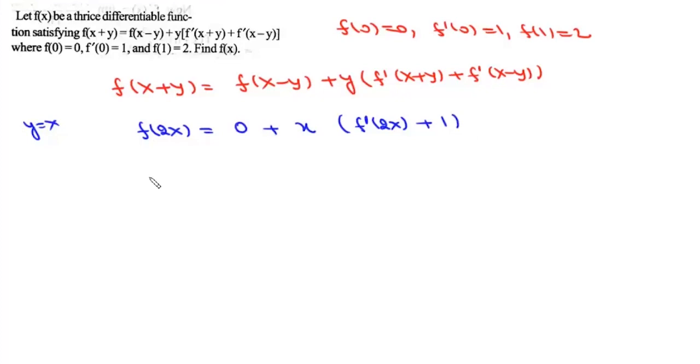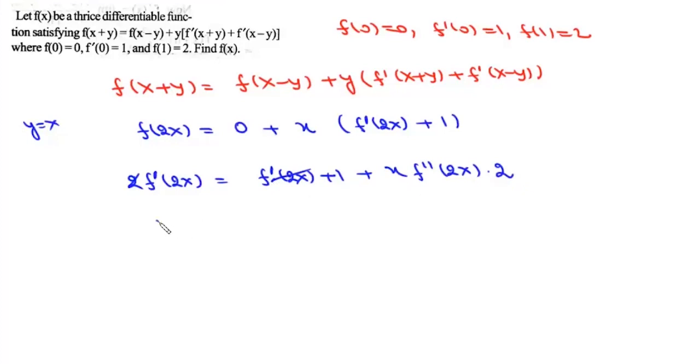Now we'll differentiate this. We can write f'(2x) into 2, it will be equal to f'(2x) plus 1, and plus this x as it is, and then will be this f'(2x) into 2. Now this f'(2x) will cancel once.